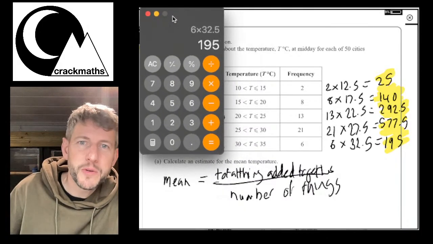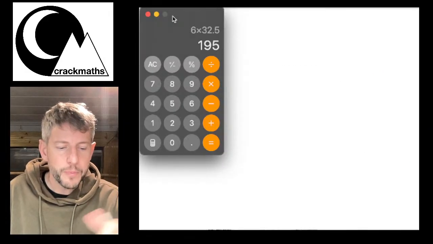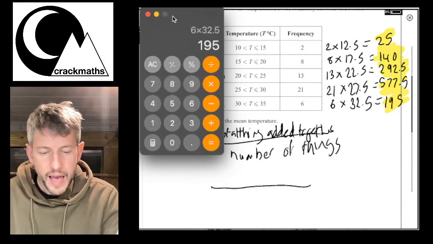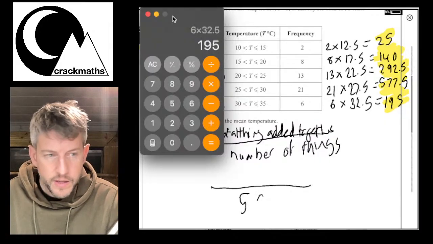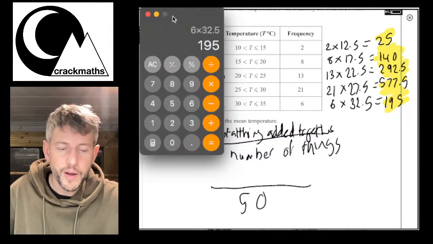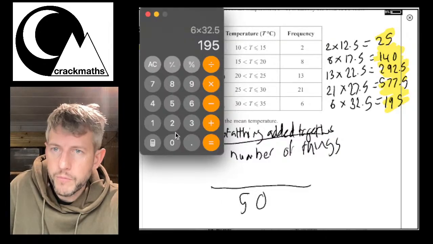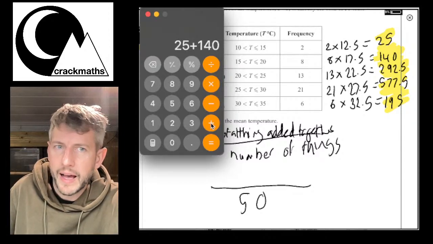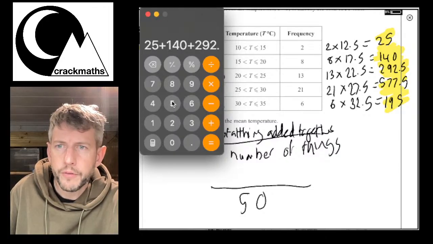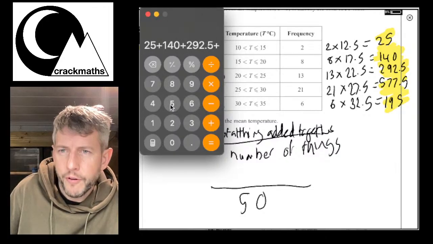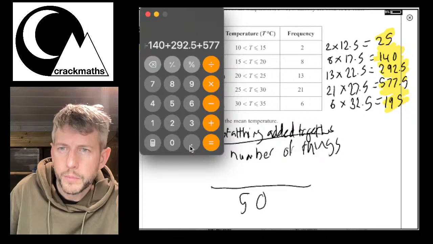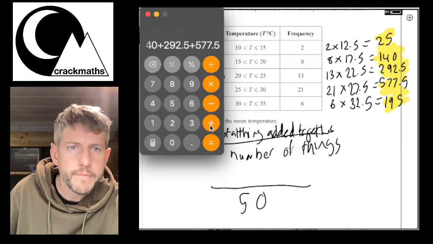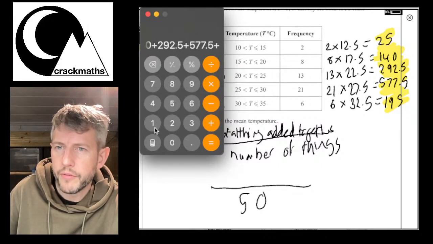In order to finish this question, what I've got to do is just add up all of these numbers for the top, and we know that there's 50 cities, so we're going to have to do all of these numbers added together, divided by the number of cities. So we'll have to do 25, add 140, add 292.5, add 577.5, add 195.